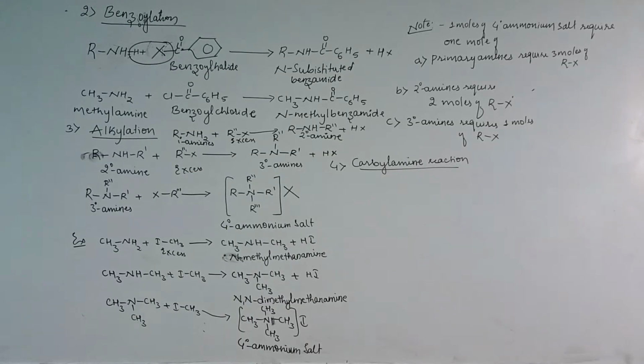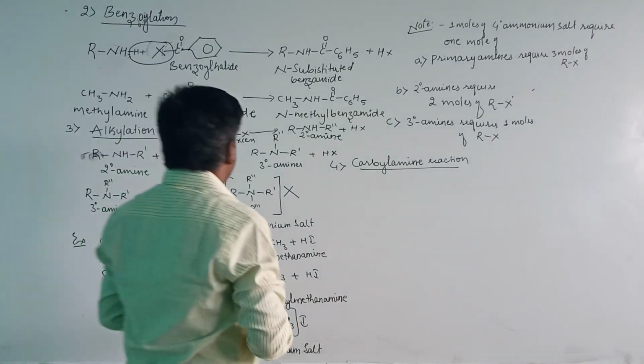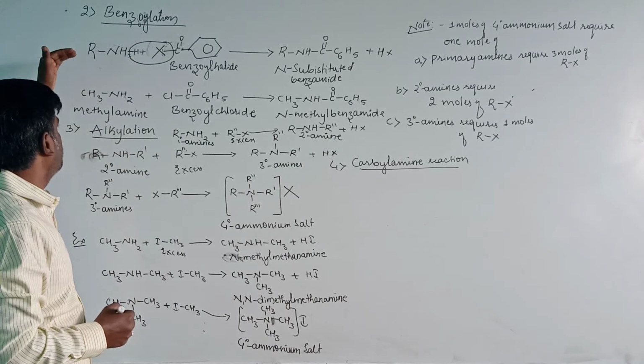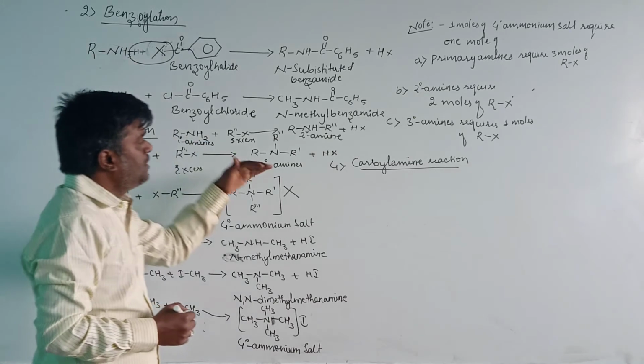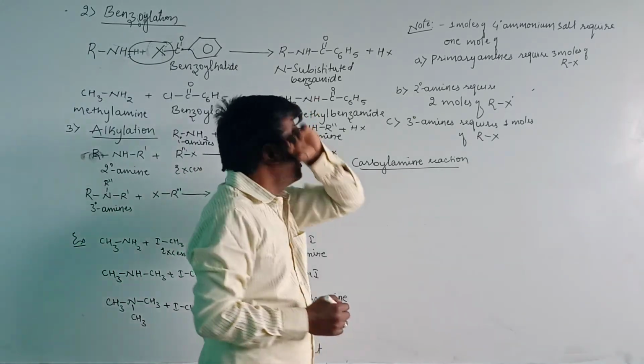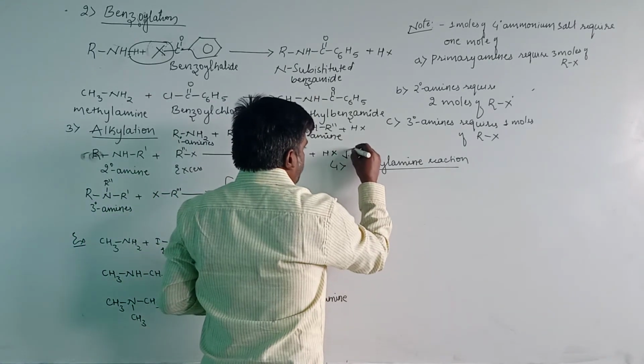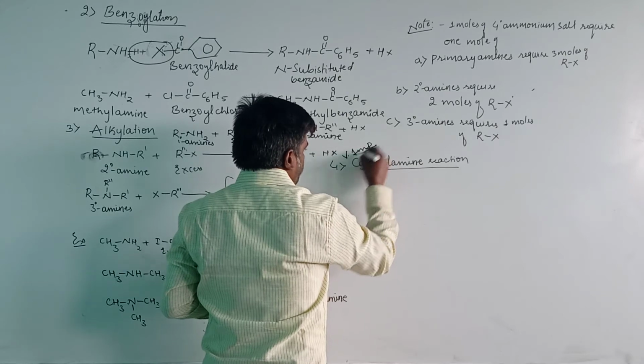The fourth one in chemical properties: the first one is the acylation we have taken, second one benzylation, third one alkylation, fourth one carbylamine reaction. This is a very important reaction.